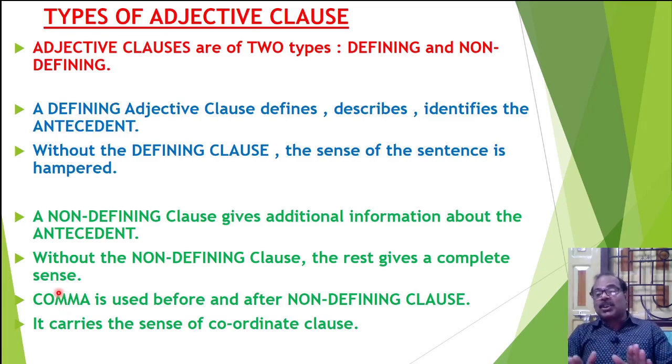And there is a structural difference. I said there was no comma in the defining clause, whereas in the non-defining clause a comma is used before and after the clause. The non-defining clause must be separated with the help of commas. But remember one thing, the non-defining clause carries the sense of a coordinate clause.